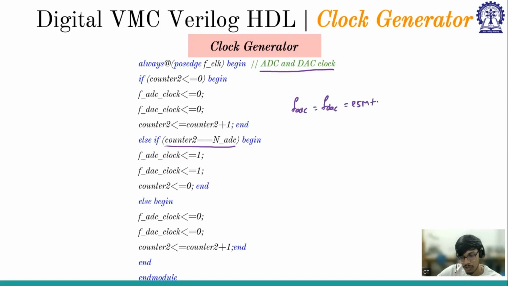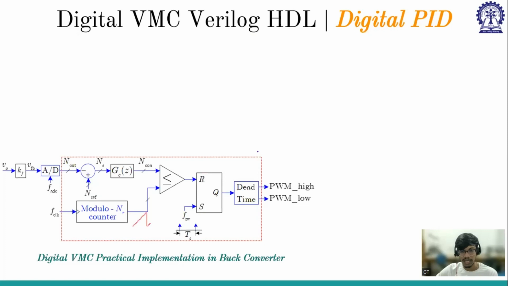Here we have used the same switching frequency for both of them, but you are free to use different clock frequencies for both of them. Depending upon that, the speed will vary. But for simplicity, we are using the same clock frequency so that it will be uniform. So this is the end of the clock generator.